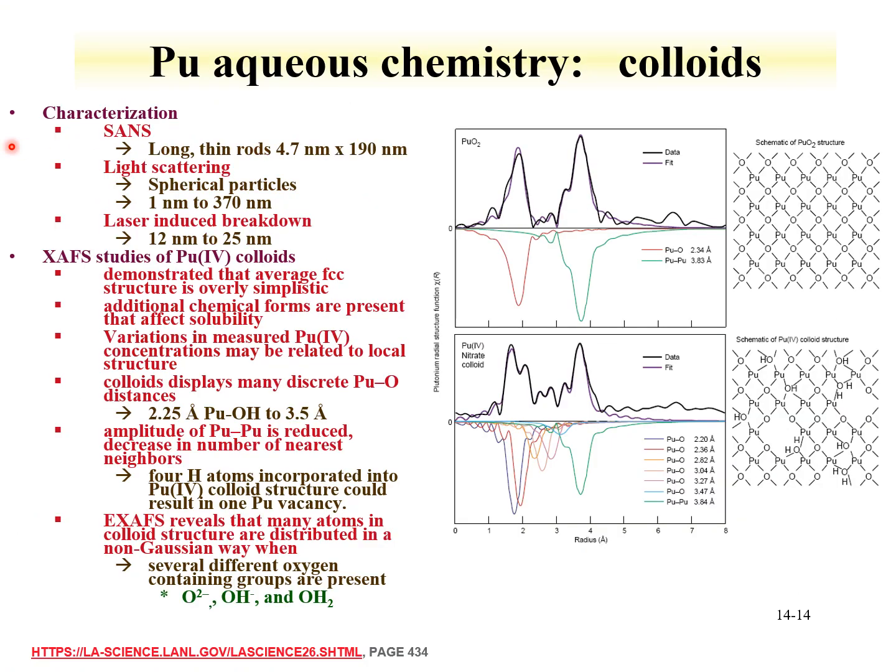Characterization of colloids can be done with a number of different techniques: small angle neutron scattering, light scattering, laser-induced breakdown spectroscopy. Each of these tends to produce different results as far as the characterization of plutonium colloid particle sizes. That has to do with two things. One, the methods themselves. For instance, light scattering is predicated upon spherical particles.